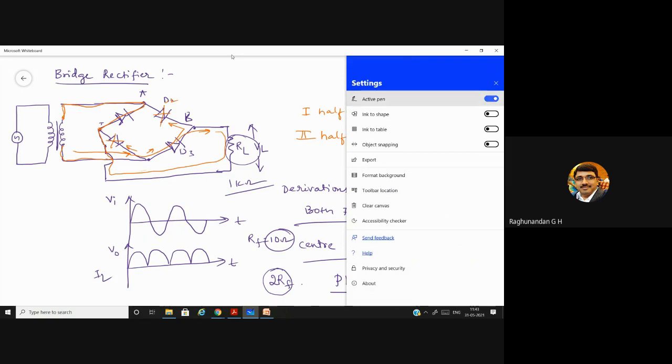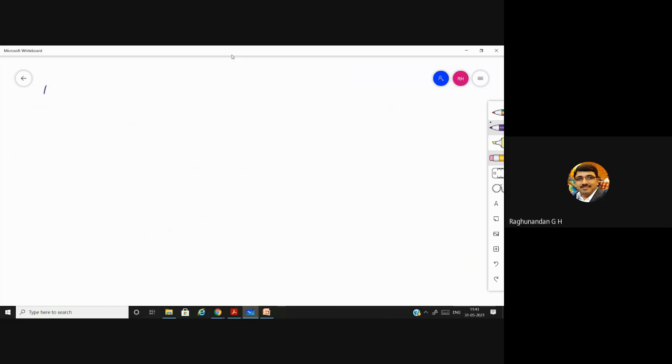After this, the advantages. The first advantage is we don't need a center tap transformer. The PIV rating required is just VM, so we can use lower end diodes also.